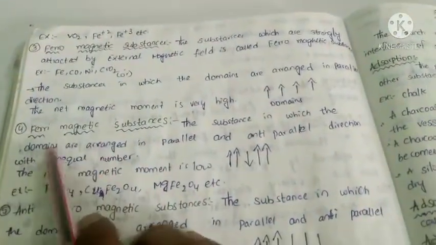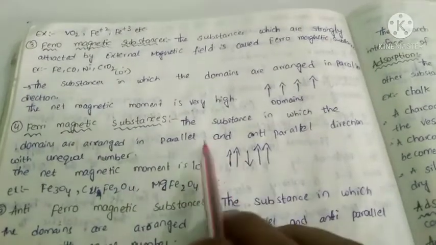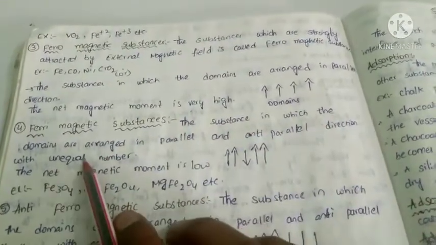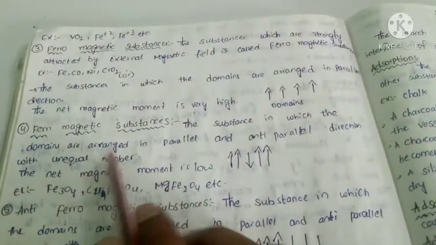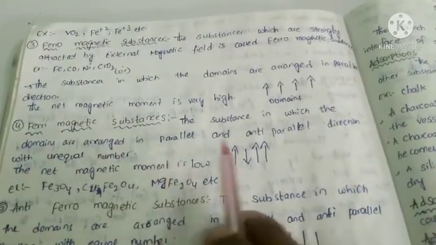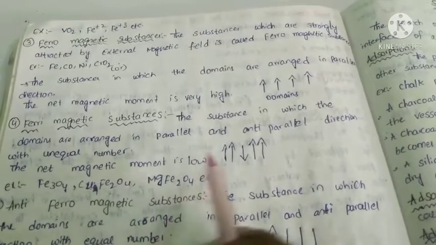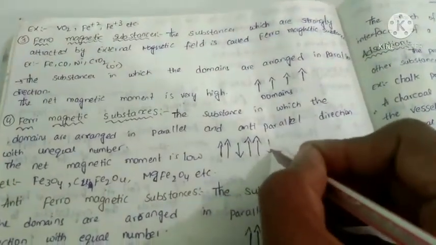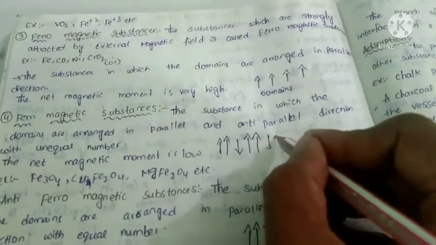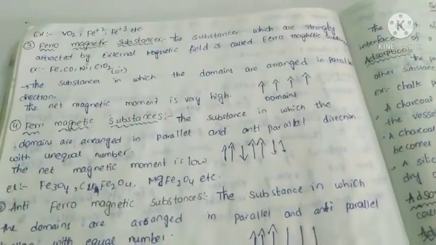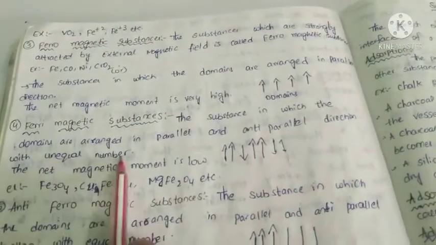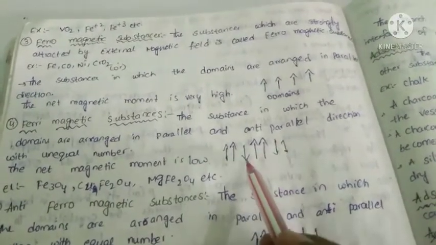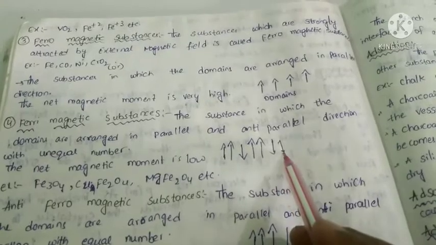Next, ferrimagnetic substances. What is this? The substances in which the domains, I told you what domains are, are arranged in parallel and anti-parallel direction. See, some domains are in parallel, some are in anti-parallel direction, with unequal number. See, here parallel direction 1, 2, 3, 4. Here anti-parallel direction 1, 2, 3.